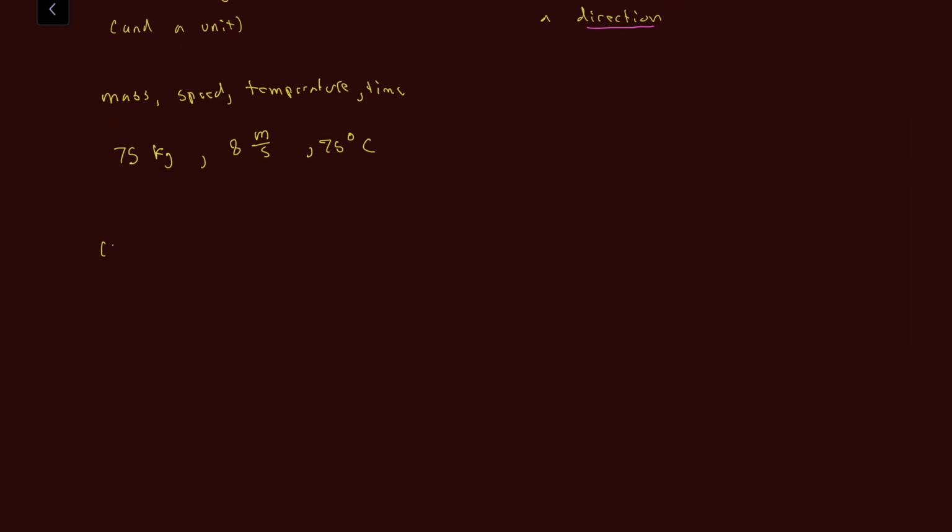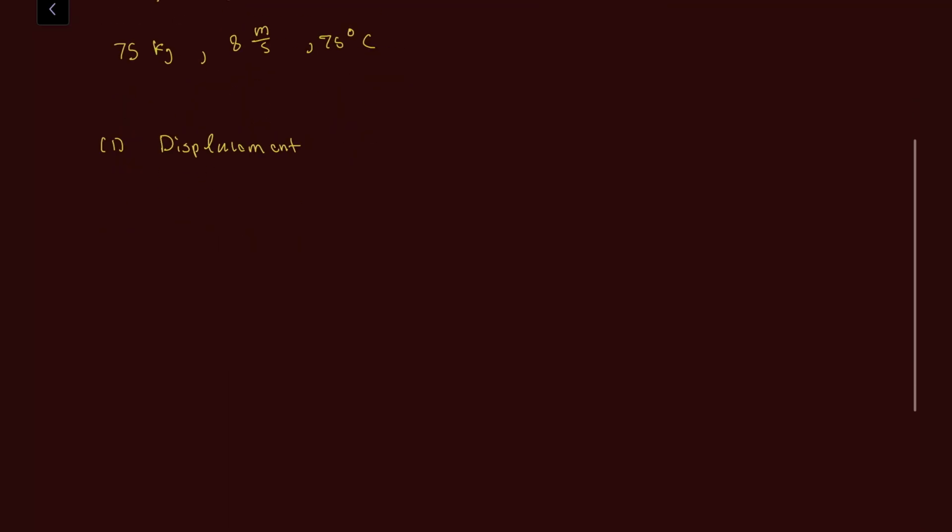Our first example that we're going to cover is displacement. Displacement is one of the easier vector quantity examples. We're going to define displacement as the change from starting to final position.